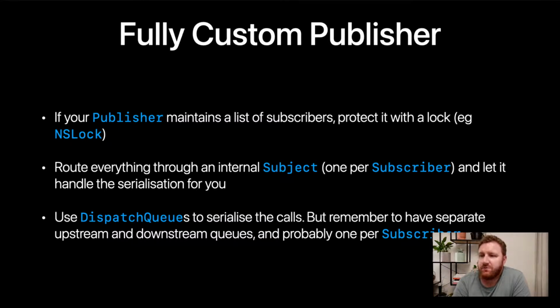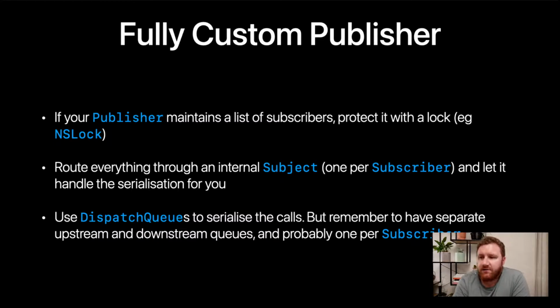And also, if your publisher maintains a list of subscribers, there's two methods for that. I'll go into that next slide. Yeah, so if you are maintaining a list of subscribers in your publisher, say for example you are multicasting and every time your publisher gets a new value, it sends it to every subscriber, you need to protect access and mutation of that subscriber list with a lock.